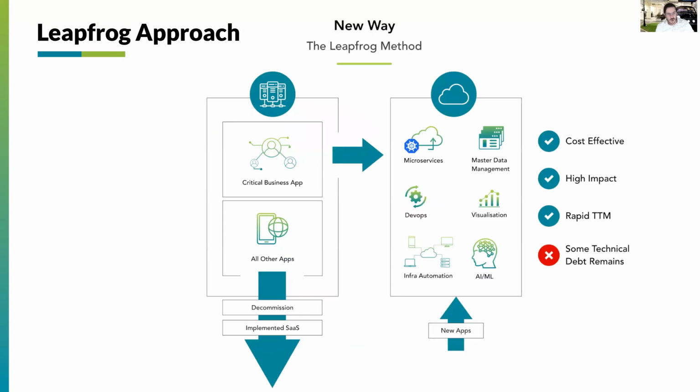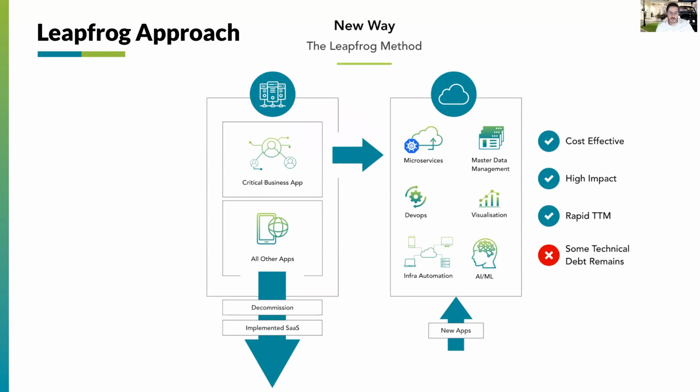This is what I call our leapfrog approach or the new approach, and essentially the difference here is defining your new environment. So this gives you a clean slate to go in there, define what you're trying to achieve. Build in your DevOps automation, build in your infrastructure automation, leverage microservices so that you can get higher density of applications across your landscape.